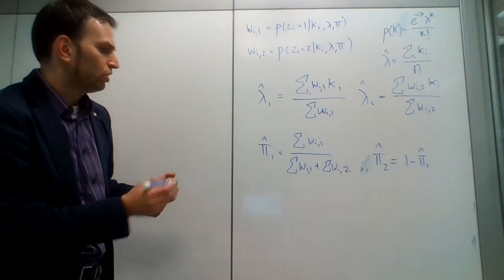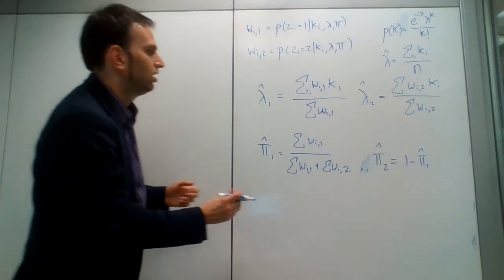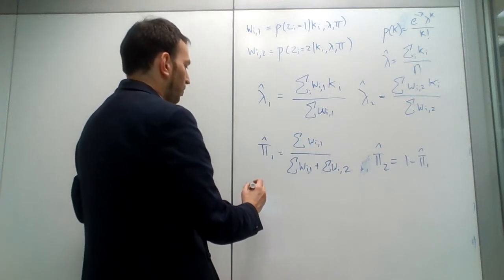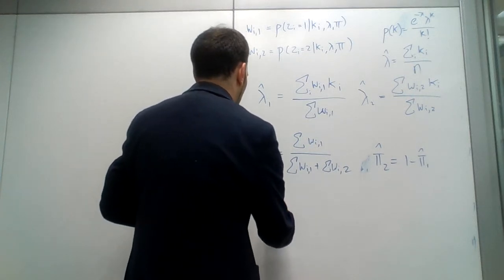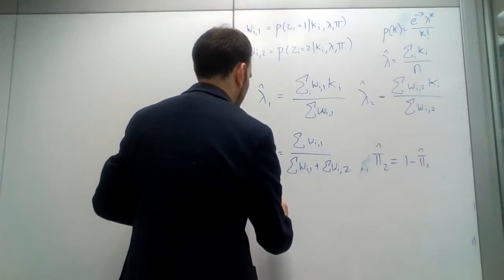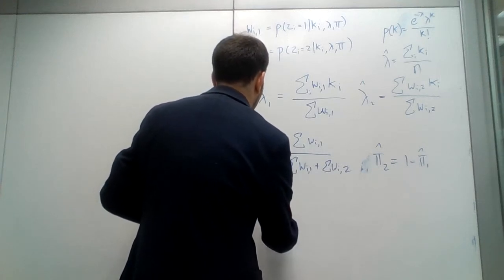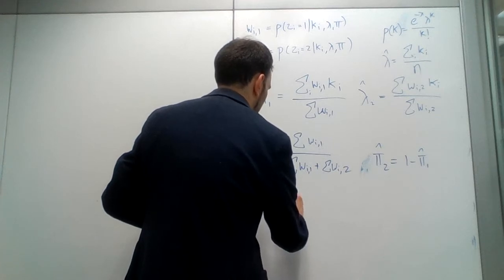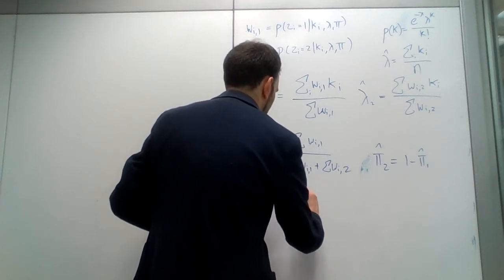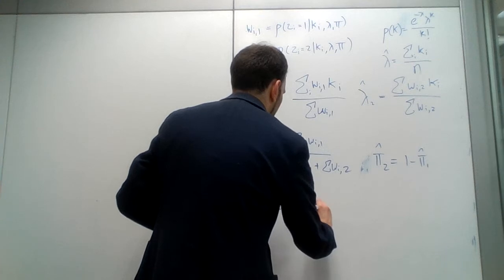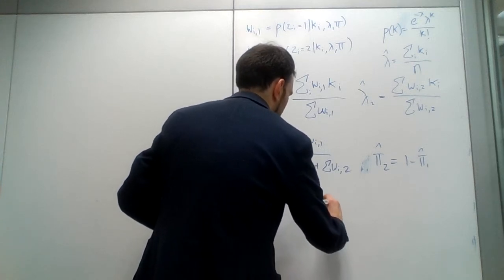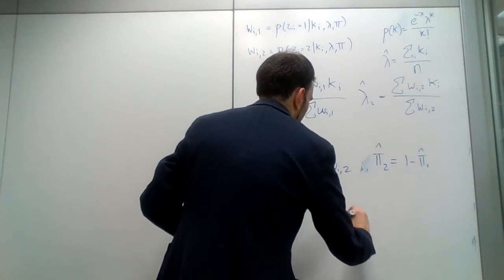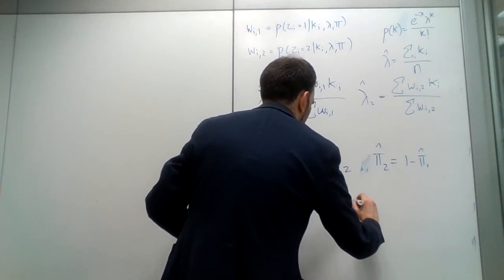Okay, I want to elaborate a little bit on this. So one thing I could do is say, what's the expected value of the sum of the indicator that Z_i equals 1 given k_i and lambda and pi, right?